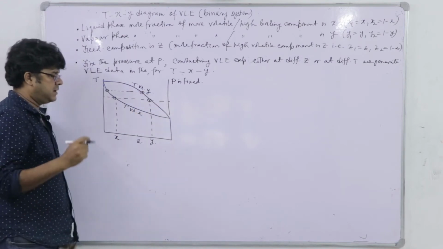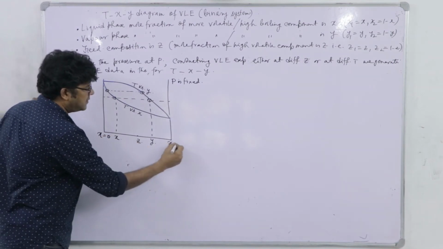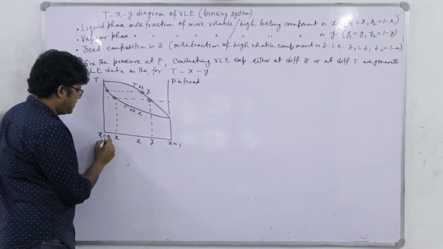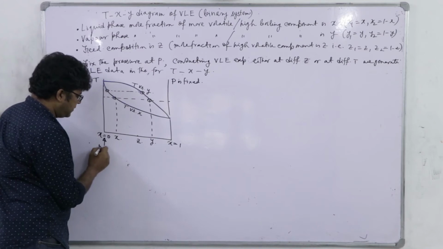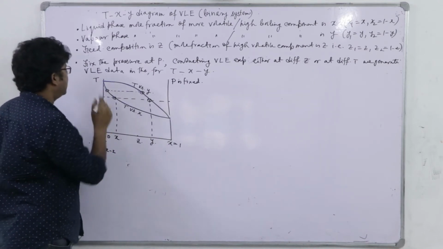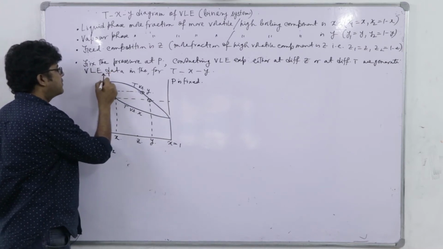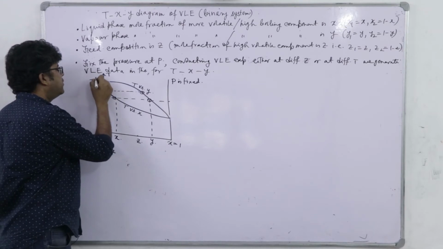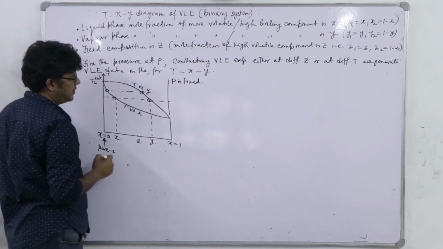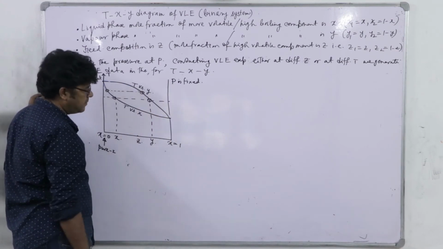Now, why do they meet at X equal to 0 and at X equal to 1? Because X equal to 0 represents pure 2. So it has got a fixed boiling point, right. So let us call it T2 sat, the saturation temperature, or the boiling point at that specific pressure.